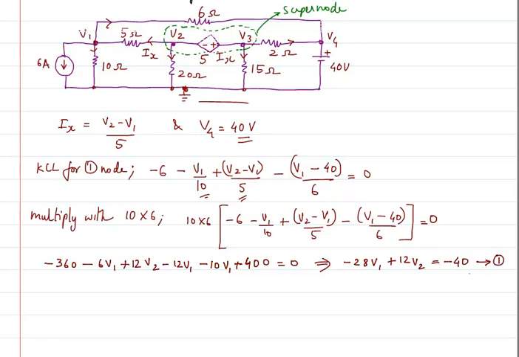Clear? See, some of you, if you do it on your own, sometimes you may get 28 V1 minus 12 V2 is equal to plus 40. That is acceptable. Why? Because if I multiply this first equation with minus 1, I will get this equation.